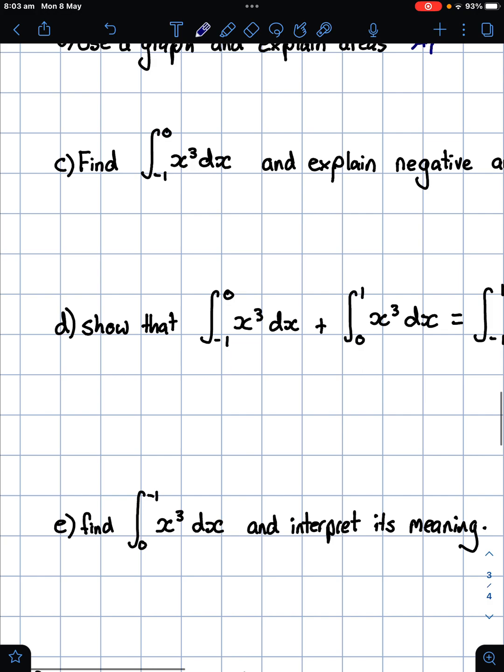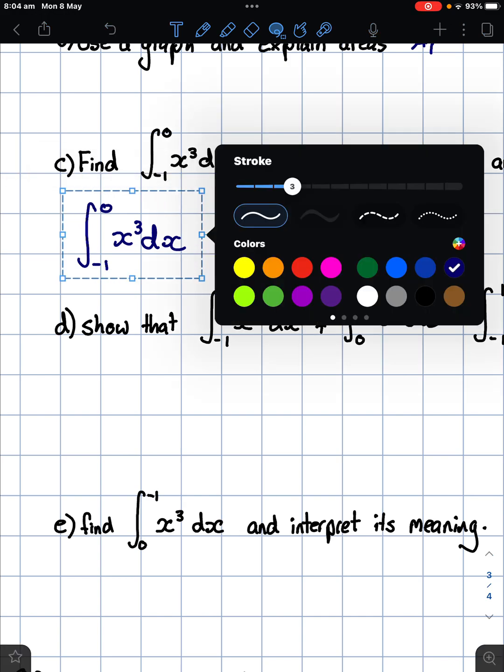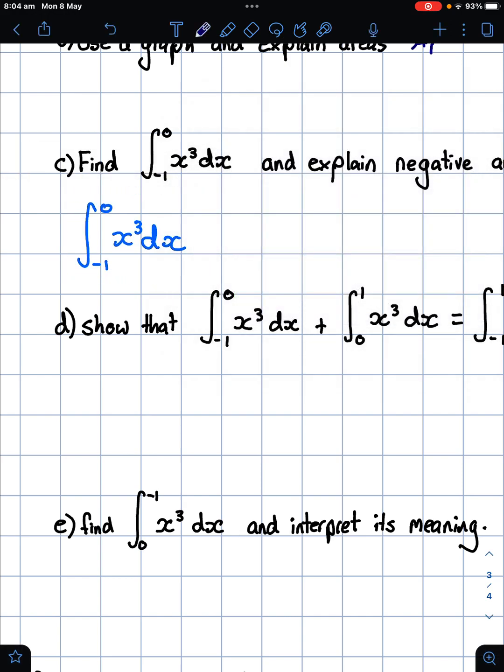So we're going to be looking at the integral from -1 to 0 of x cubed dx. Keep that in the light blue.